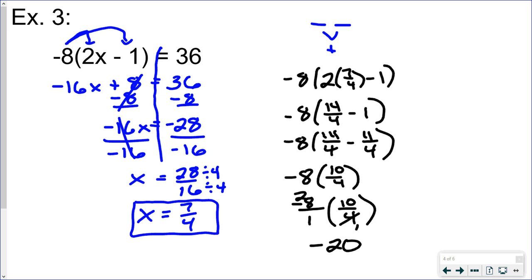All right, so this is a good reason why you should check your answers. So I looked over this and figured out where I messed up. 36 minus 8 here is positive 28. Okay, so 28 divided by negative 16, negative here. So this comes out to negative 7/4. So when I do this, multiplying this by negative 7/4, that would be negative 14/4. So negative 14/4 minus 4/4, negative 18/4 here.